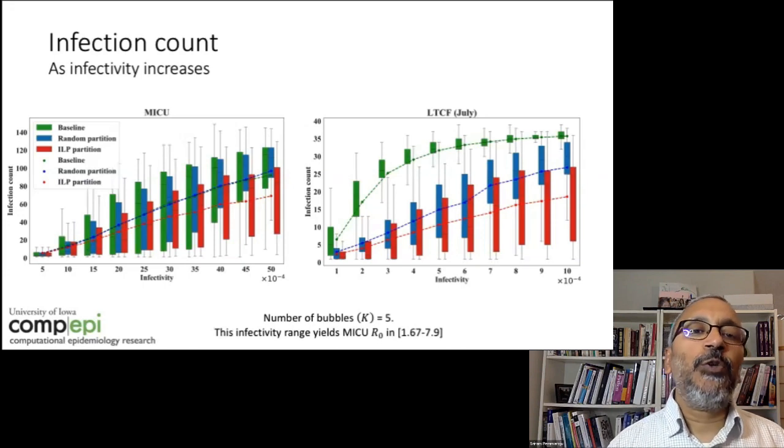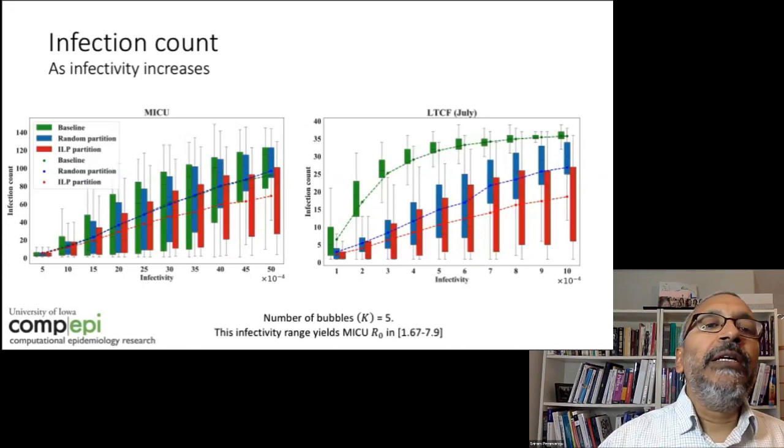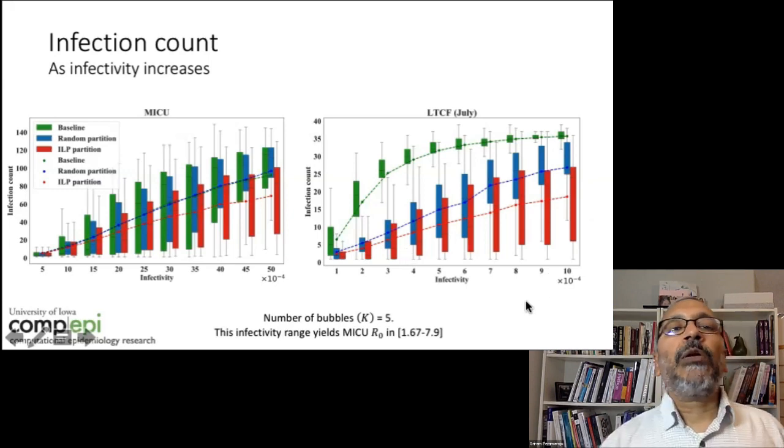That's what this picture shows. So basically, the green curve and the green boxes represent the baseline simulations, and the other curve and associated boxes represent rewired graphs. And what we're basically showing is the baseline versus a random rewiring versus a rewiring that we get from solving the ILP.